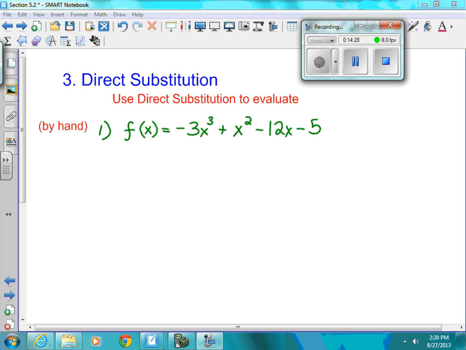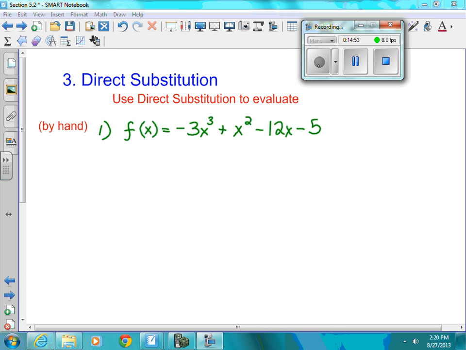Okay, direct substitution. Direct substitution is a method for evaluating where a specific numeric value is plugged into an equation. In other words, you're plugging a number in for a variable. So, f of x equals negative 3x cubed plus x squared minus 12x minus 5.